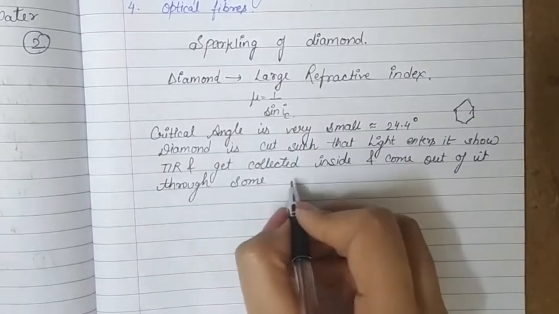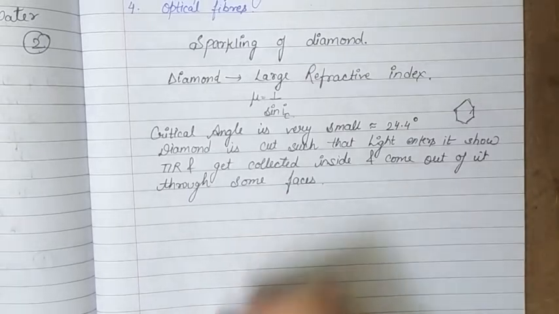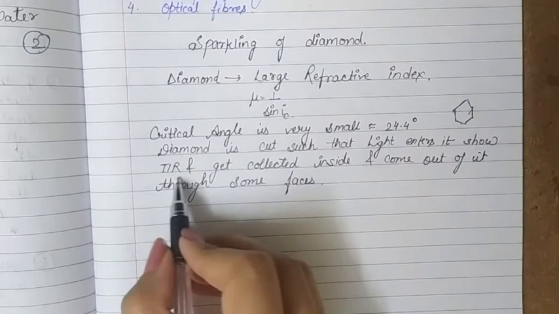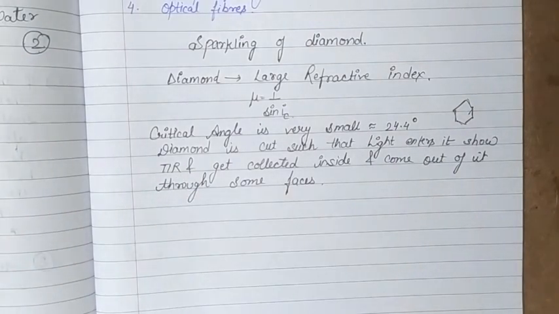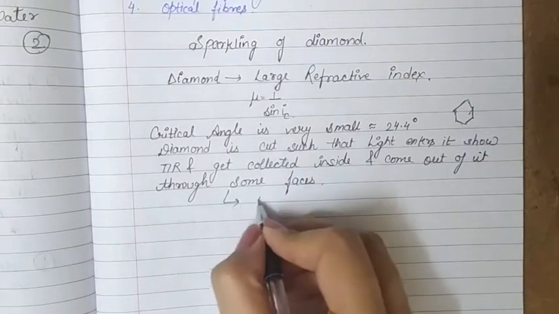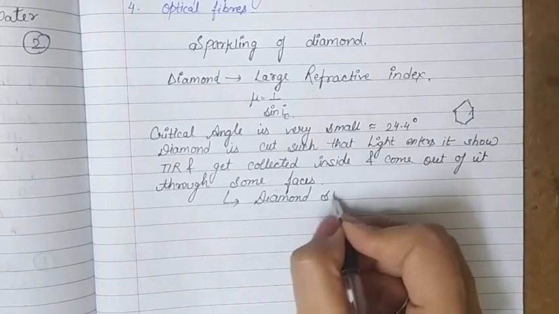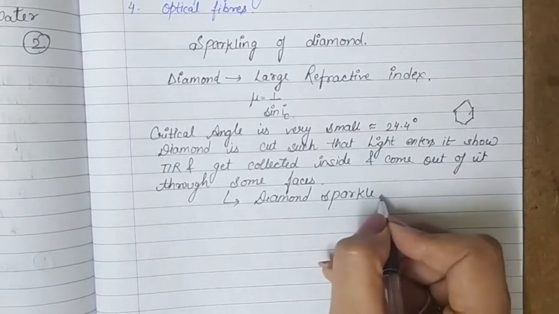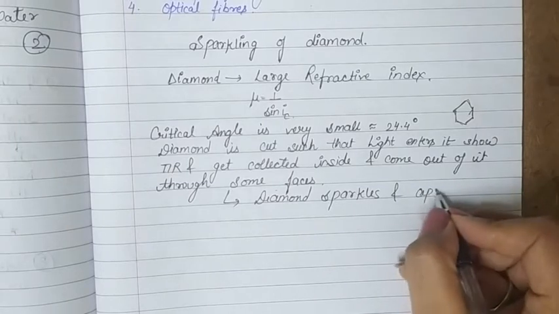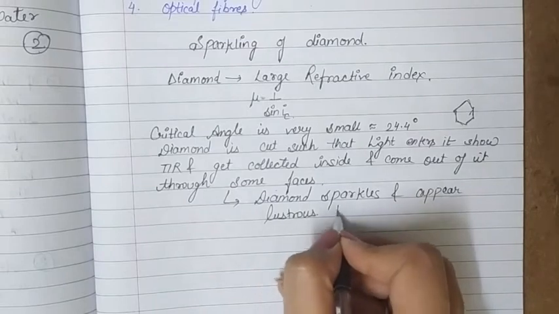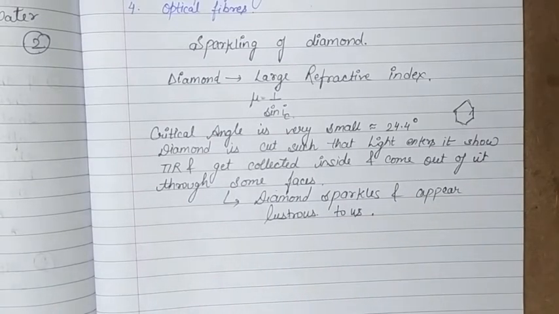Because of the repeated total internal reflections, the diamond sparkles and appears lustrous to us. So this is the first application of total internal reflection in our daily life.